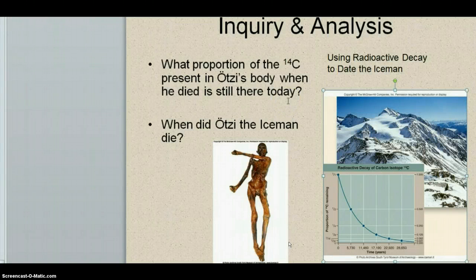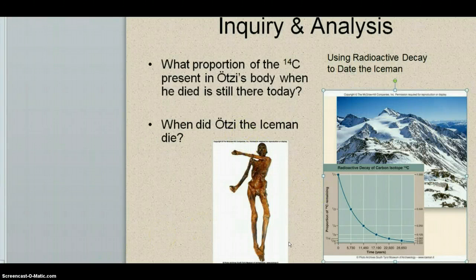Well, in the article, you saw that the proportion is 0.435, or 43.5% of the 100% that was there in the beginning. And then the question is, when did he die?